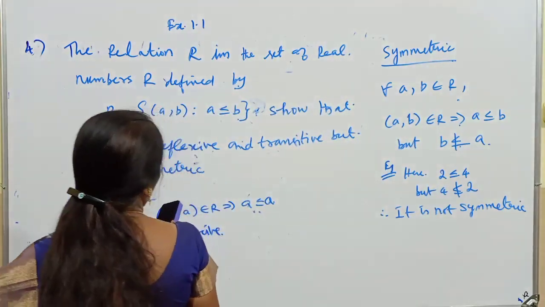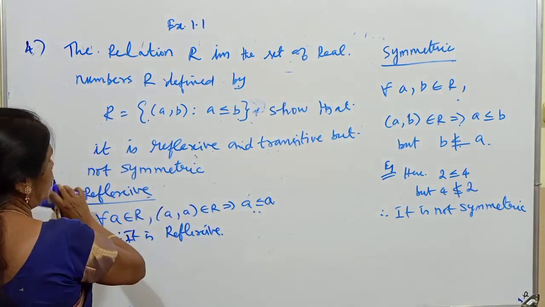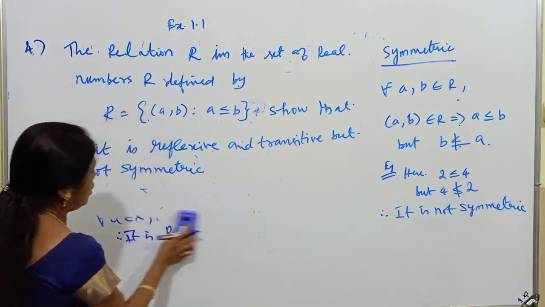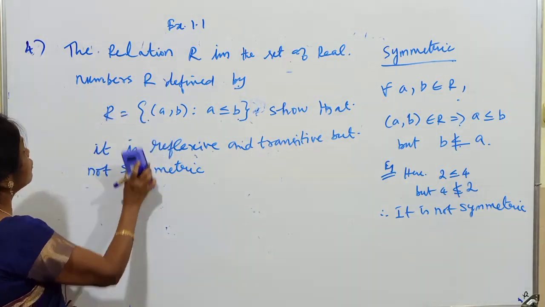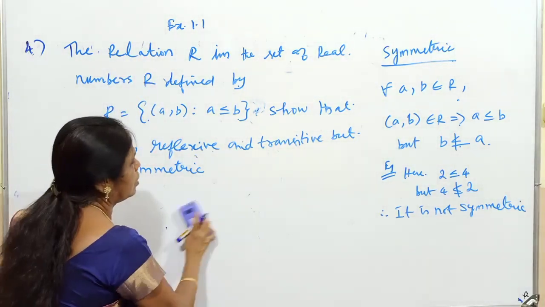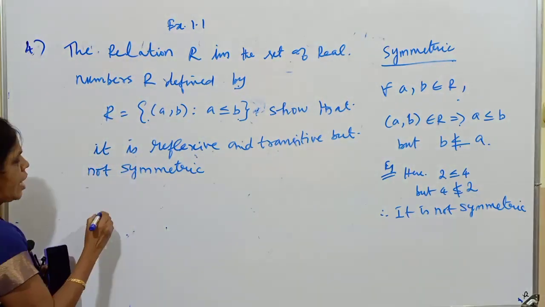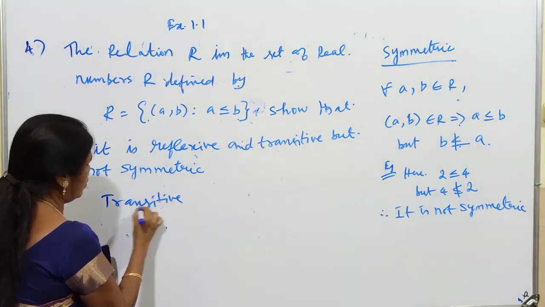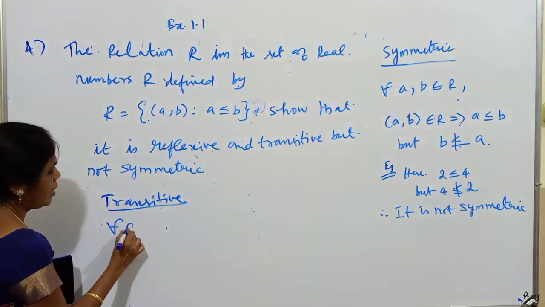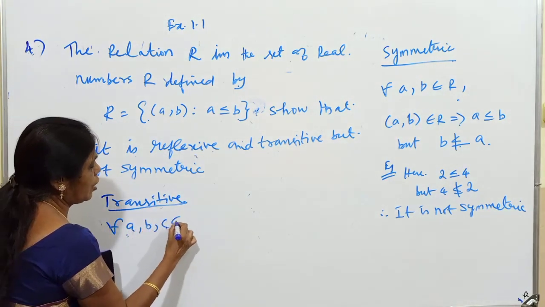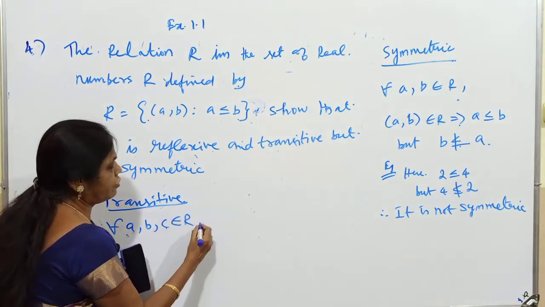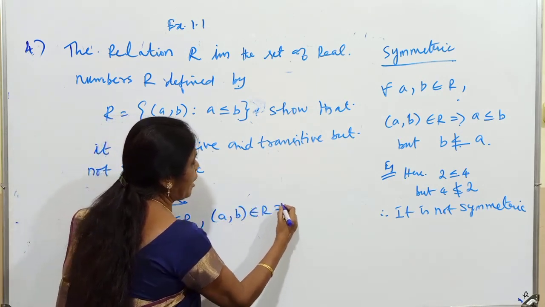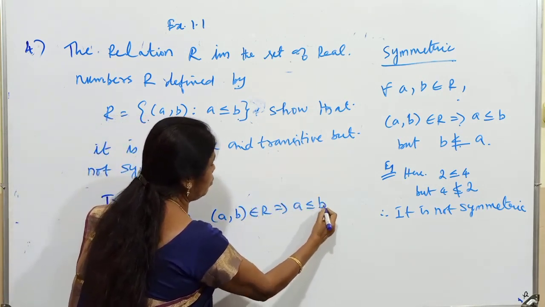Next one, we are going to do transitive. I will do it here because next time I am going to overwrite this. Transitive: for all a, b, c belonging to the set of real numbers, (a, b) belongs to R implies a is less than or equal to b.